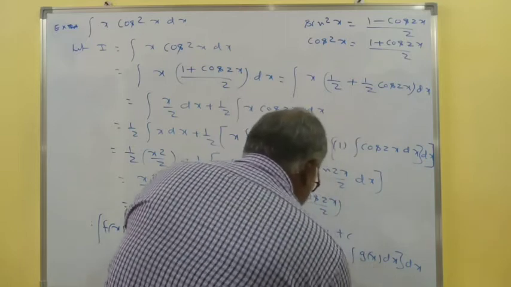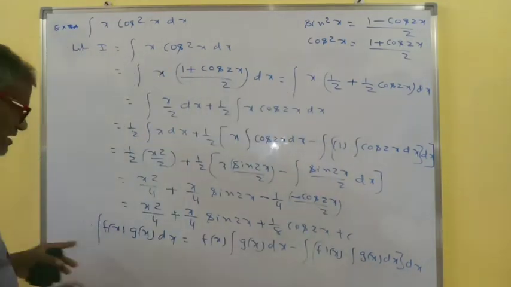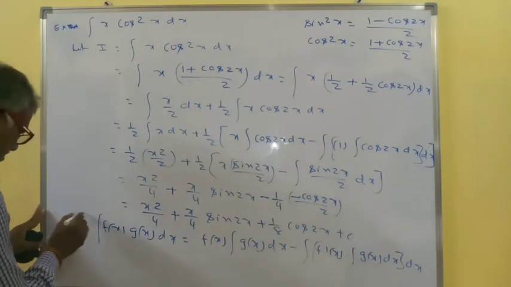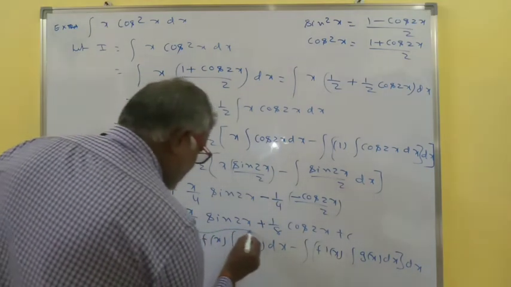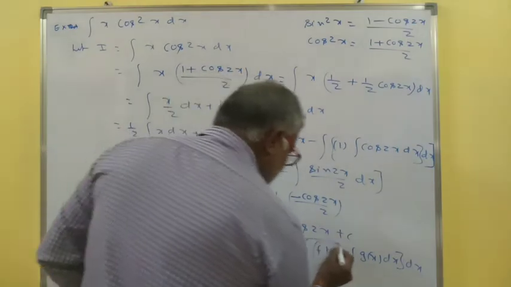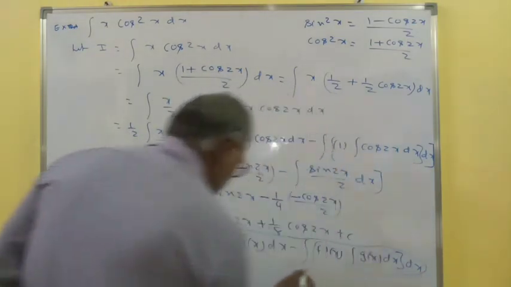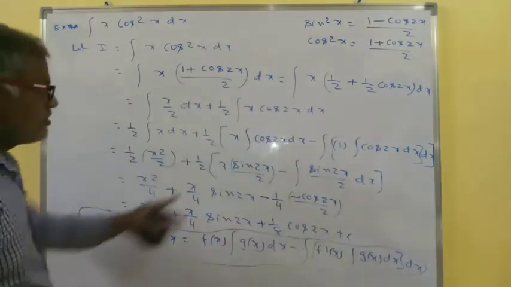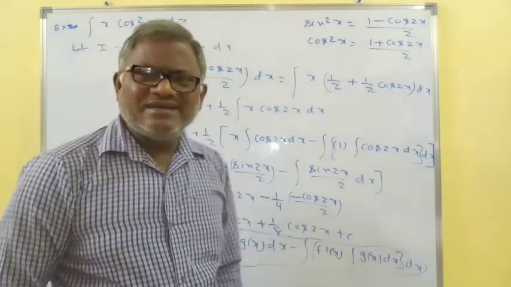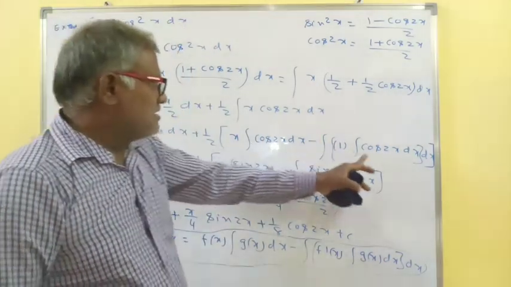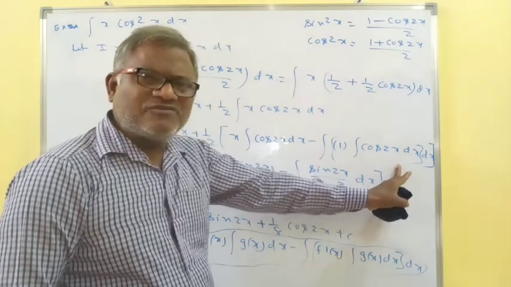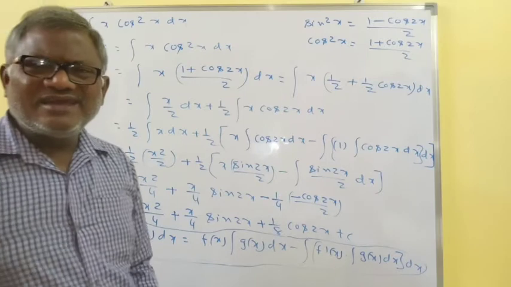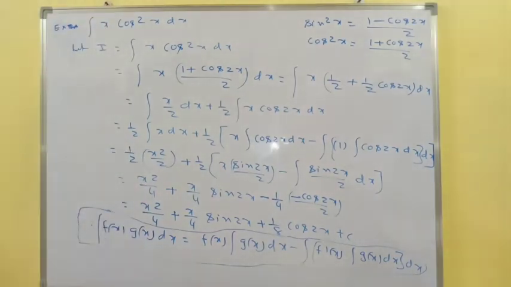Remember this one. So don't forget to mention the formula which is to be used to evaluate such an integral, at the end of the problem or here also. Okay, next.